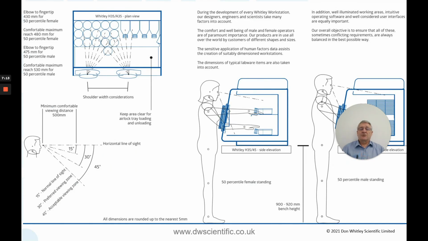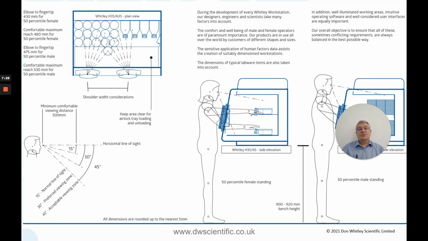We take a lot of account of ergonomics. It's important for us to be aware that in your own laboratory there will be people of all sorts of different shapes and sizes, let alone in laboratories throughout the world.